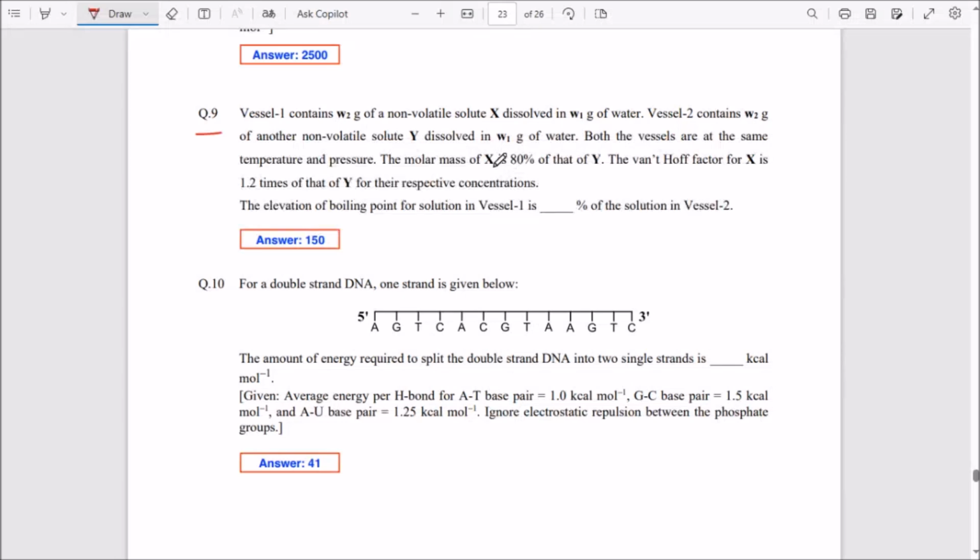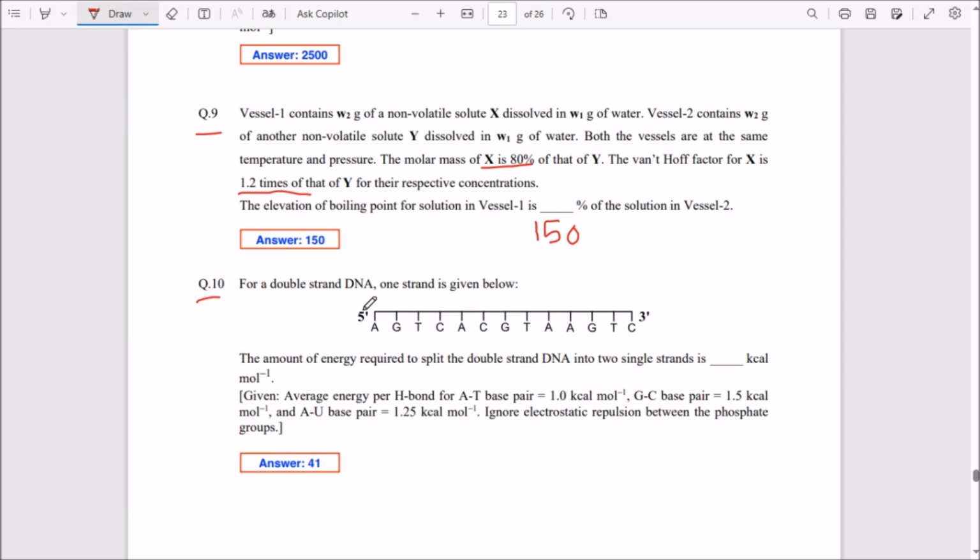The molar mass of X is 80% of that of Y. The van't Hoff factor for X is 1.2 times that of Y for their respective concentrations. The elevation of boiling point for the solution in vessel 1 is dash percent of the solution in vessel 2. The answer for this question is 150. 150 is the correct answer, students. So 150%.